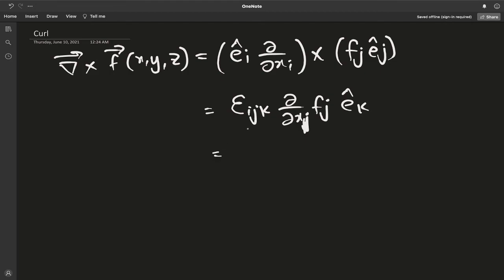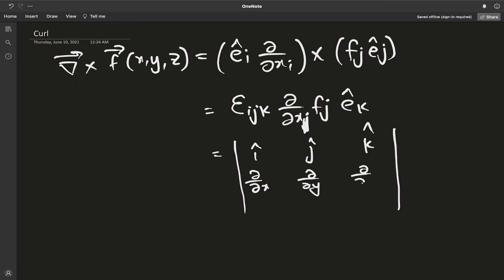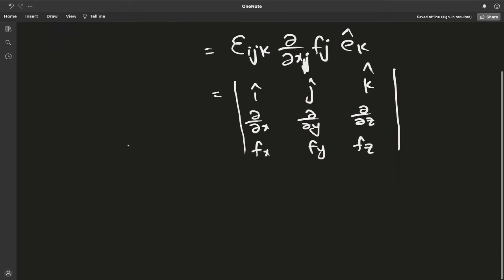The way to calculate this, if you're a true engineer, is you can use Cramer's rule. So you have partial with respect to x, partial with respect to y, partial with respect to z, and fx, fy, fz, and then you take this determinant and you get the curl. Okay, so this is how you calculate it.